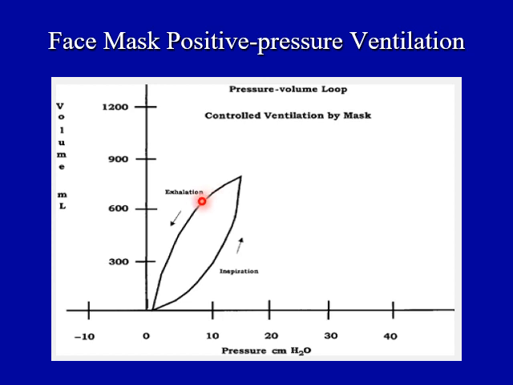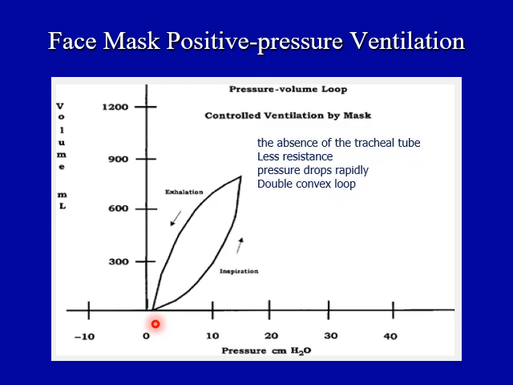With a sharp decrease in pressure, there is a decrease in volume also. This is a biconvex loop seen during face mask positive pressure ventilation. As I said, with the absence of the endotracheal tube there is less resistance, so pressure drops rapidly, and this is the double convex loop.